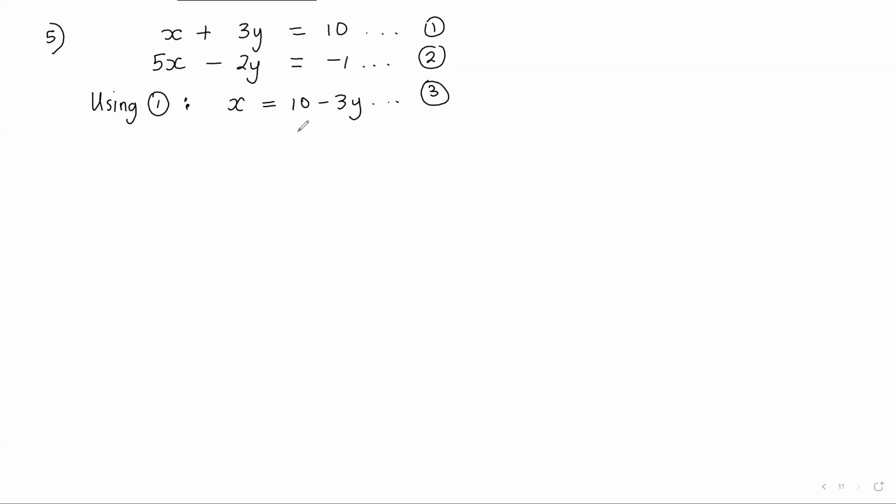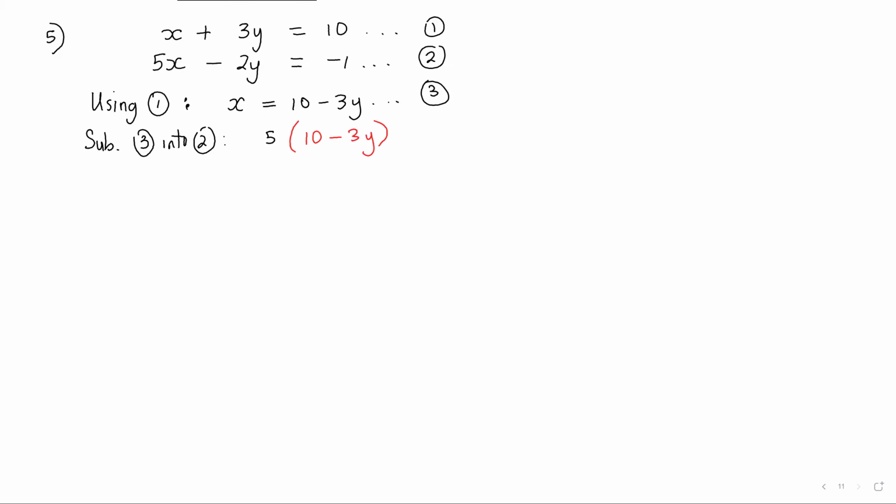Now that I have that expression for x, I'm going to substitute it into the other equation. So substituting 3 into equation 2. That means wherever I see x, I'm going to replace it with 10 minus 3y. So the equation is 5x, which literally means 5 times x. So 5, and in brackets, 10 minus 3y.